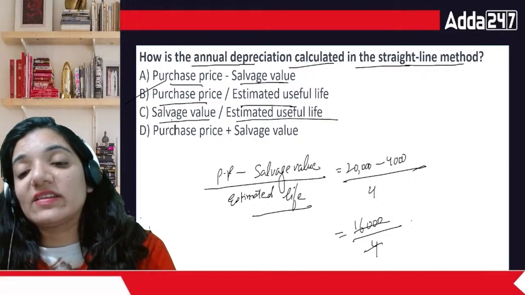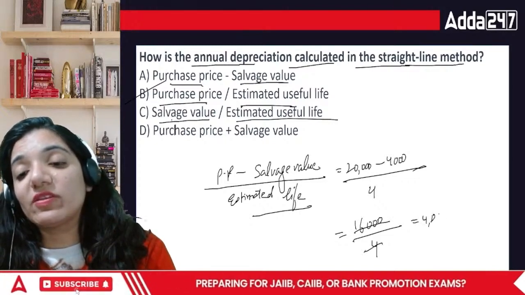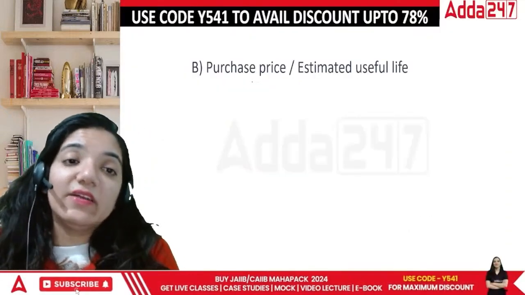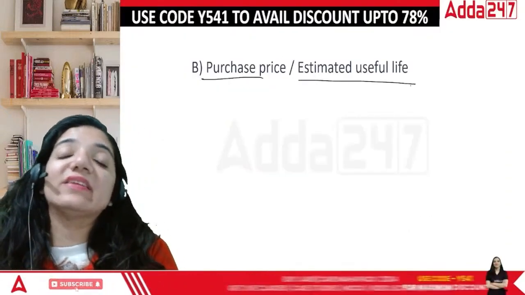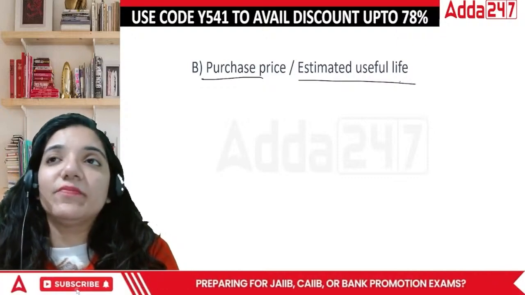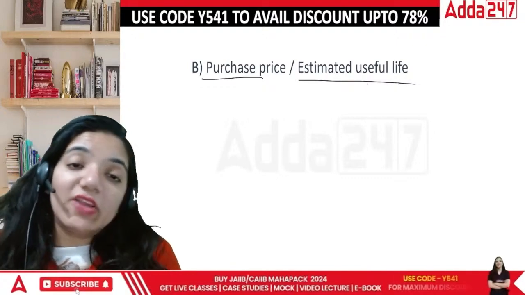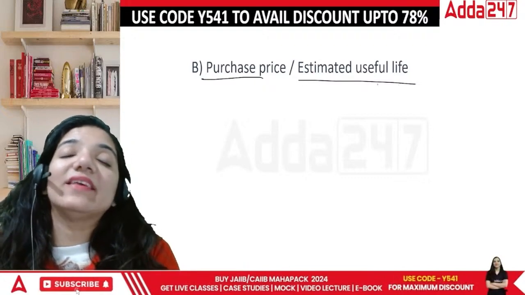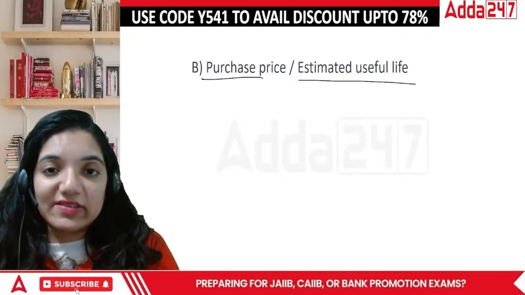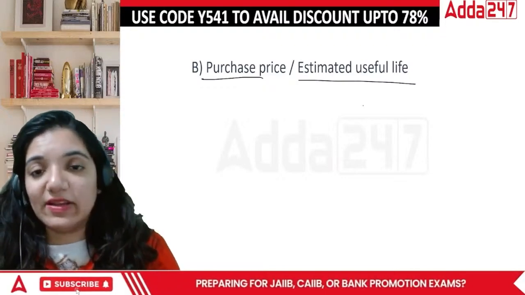So technically, in this case, my answer is going to be rupees 4,000. Got it, everyone? So in this case, the answer is going to be the purchase price minus the salvage value, scrap value, or residual value. Any of these things divided by the estimated useful life of the asset. So this is what we consider when we are making this particular calculation.